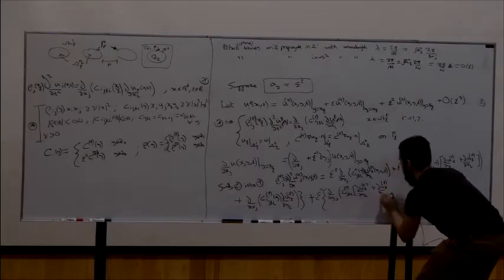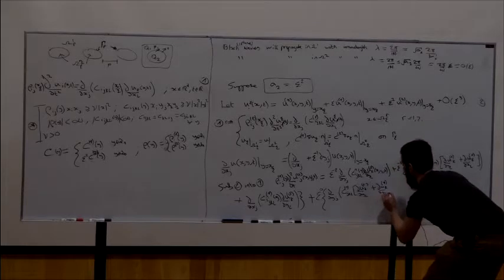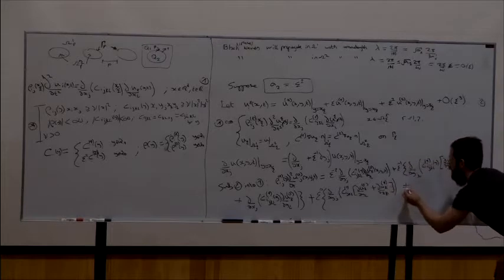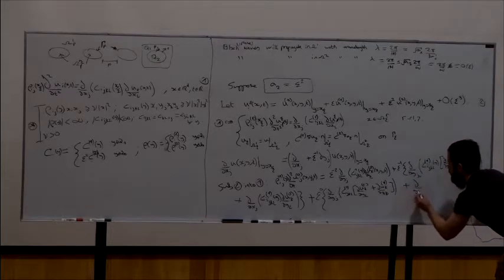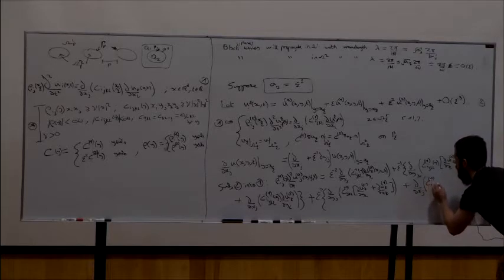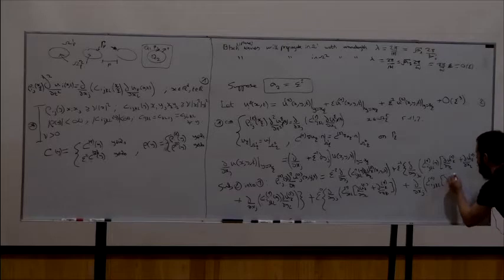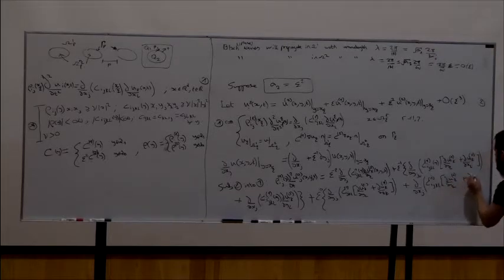So x here, x_l, and now what do I want? I have a 1 here, so I need to put a y here, and I have a 0 here, so I can put an x.